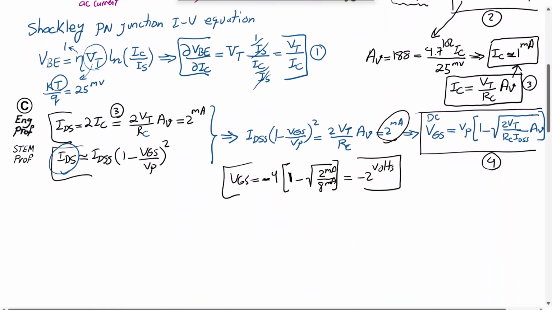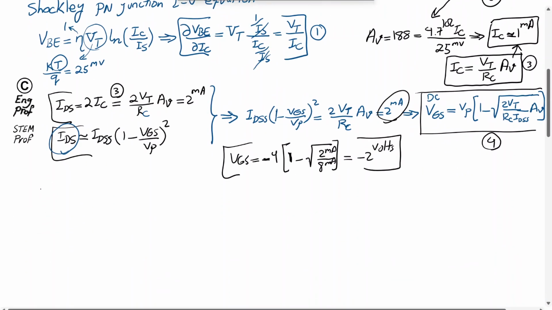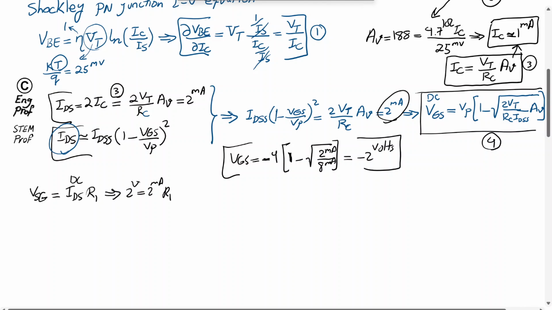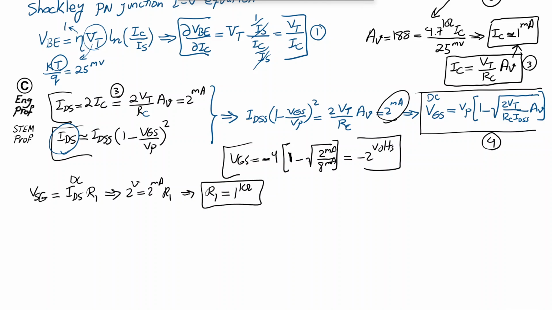So therefore I can say R1 is equal to, so V source gate is IDS times R1, and gate source is -2, so source gate is 2 volt equal to IDS times R1, IDS is of course 2 milliamp. So we find that R1 has to be equal to 1 kilo ohm. Okay, so we found R1.